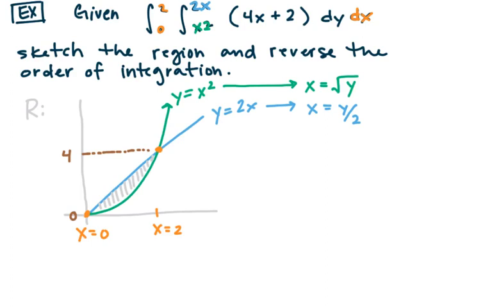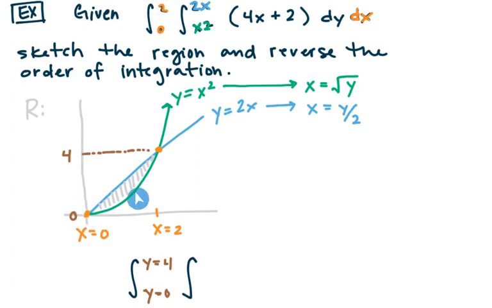Setting this up differently, we would have y on the outside here. We've got y equals 0 and y equals 4, so my upper and lower bounds in terms of y go from 0 to 4.